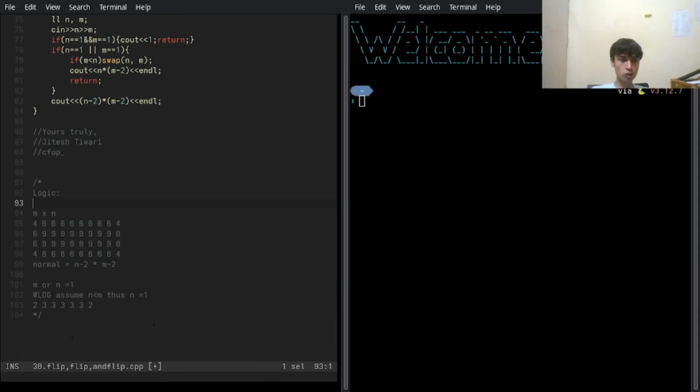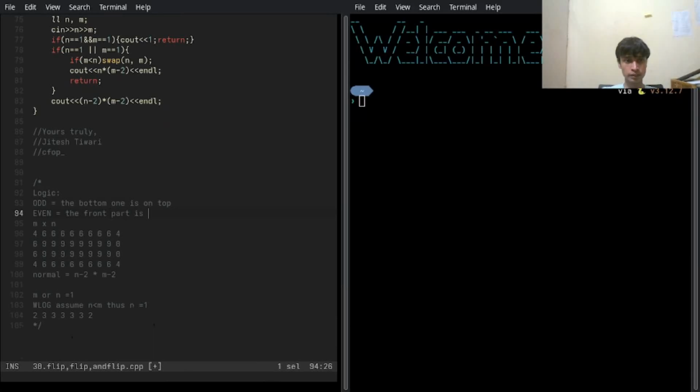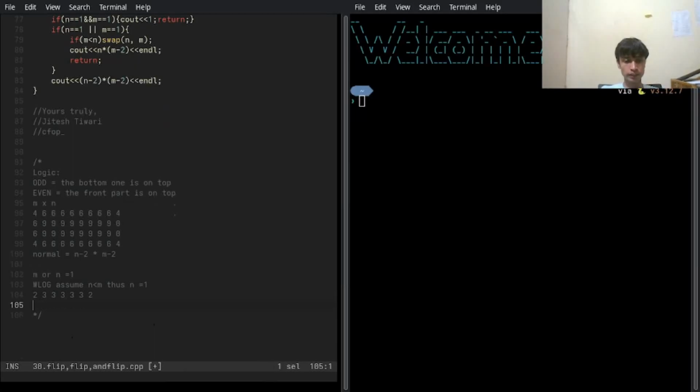So when it is odd, then the bottom one is on top, and when it is even, then the top front part is on top. So we would get the answer as n minus 2.